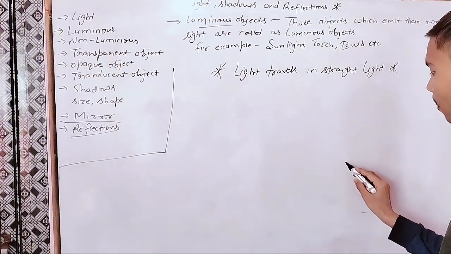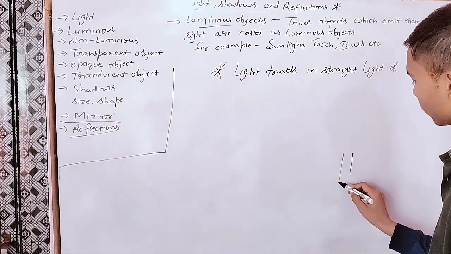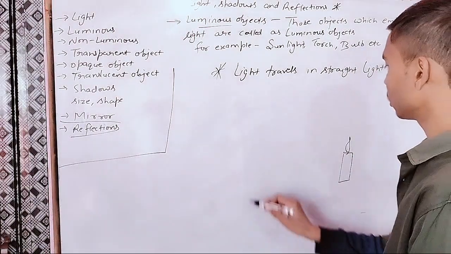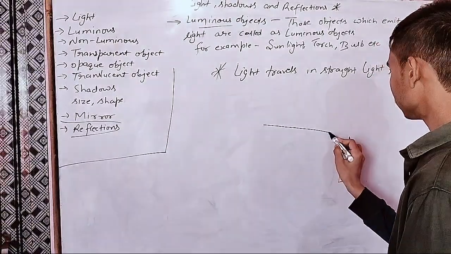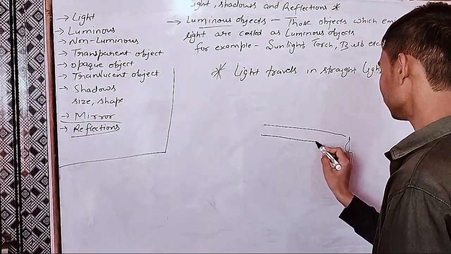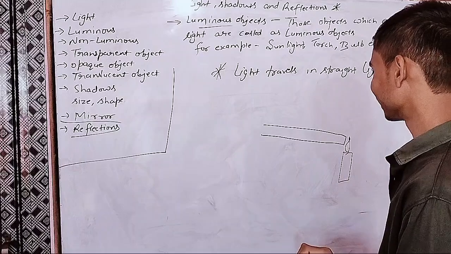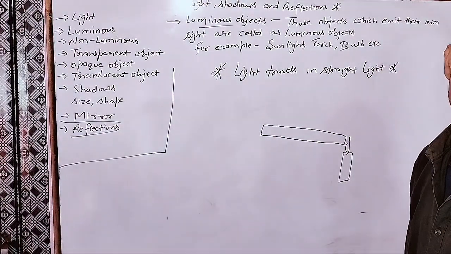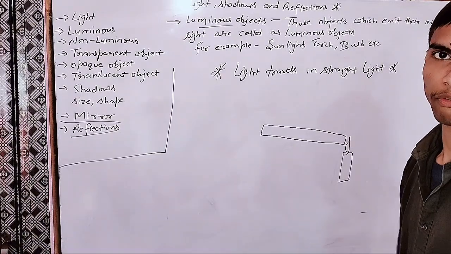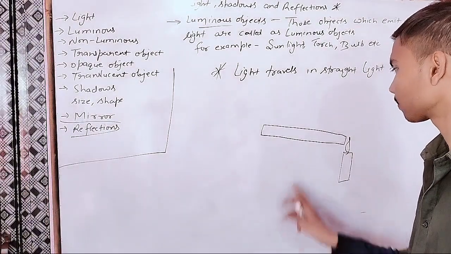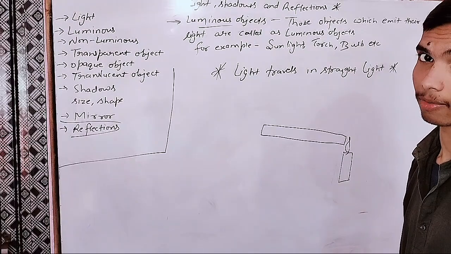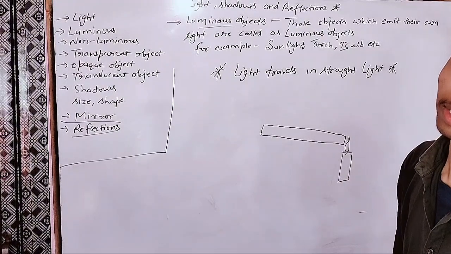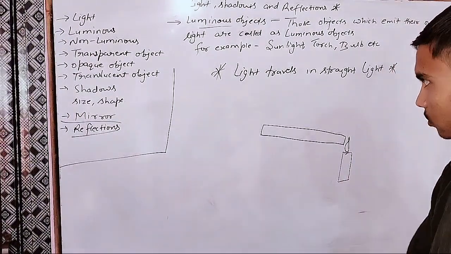The activity is this. We have a flame candle. Also we have a pipe. Can you tell me the shape of the pipe? Of course, you can say easily that the shape of the pipe is straight.